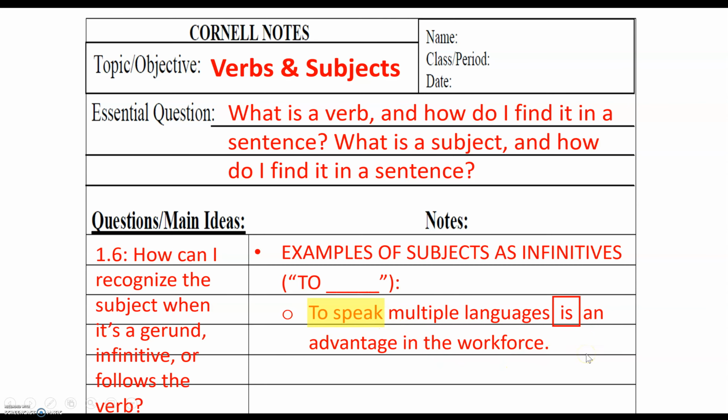So it's going to actually be my subject. A similar example, to follow his advice may be difficult. So there are my verbs, may and be. I'm going to ask myself, what may be difficult? And the answer, to follow. Okay, so a couple examples there of what subjects as infinitives can look like.